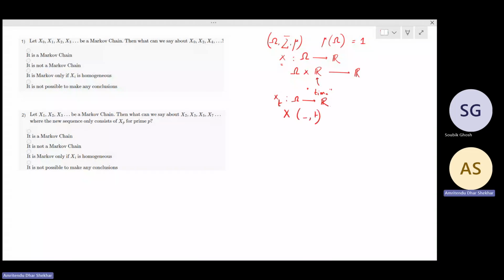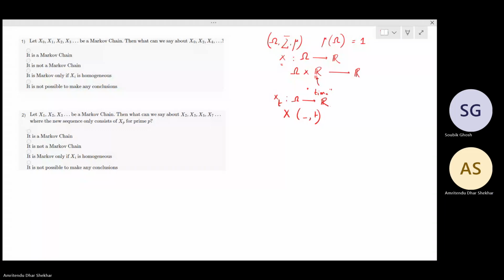Okay, so Xt is just the restriction of X to the time instant t. So this is the time parameter, and this is a stochastic process. In general, this is how it's defined.